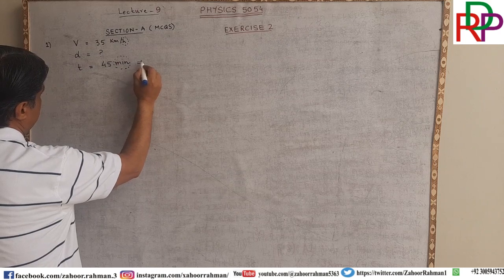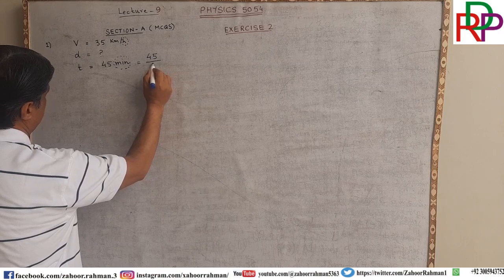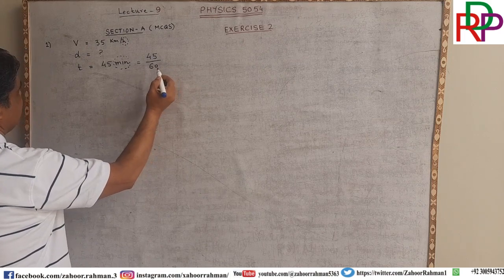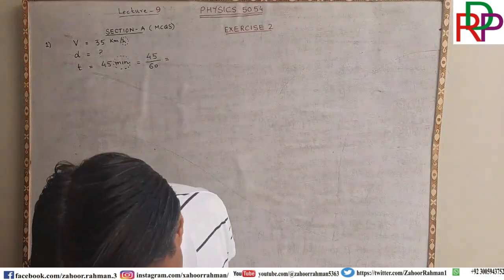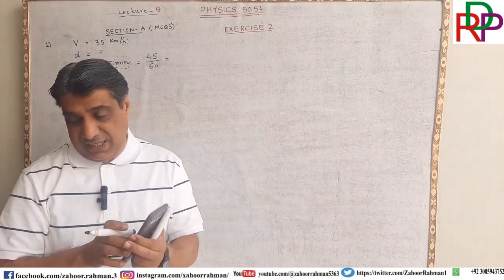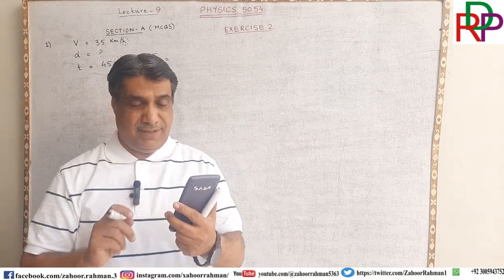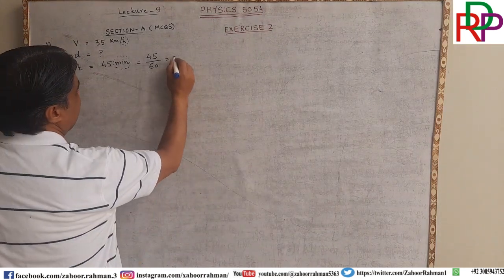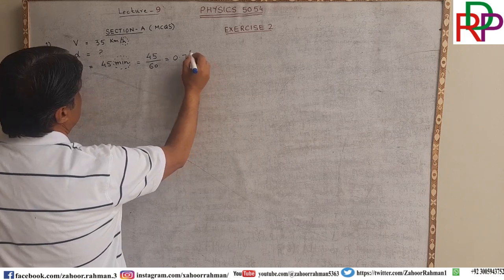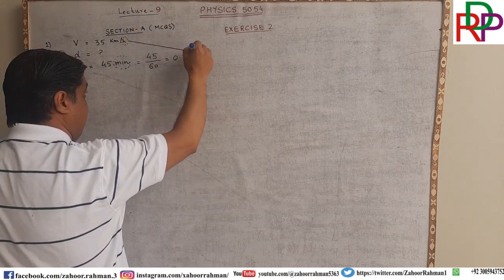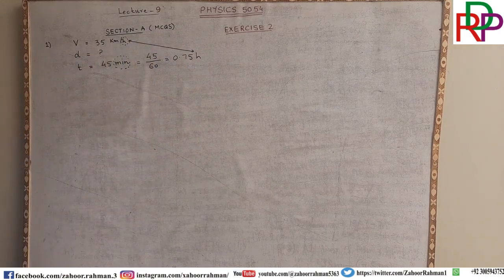And you know, for converting the minutes into the hours, we have to divide it by 60. When we are dividing it by 60, we are getting 0.75 hours. Now both the units are the same, so you can give the answer in kilometer per hour.